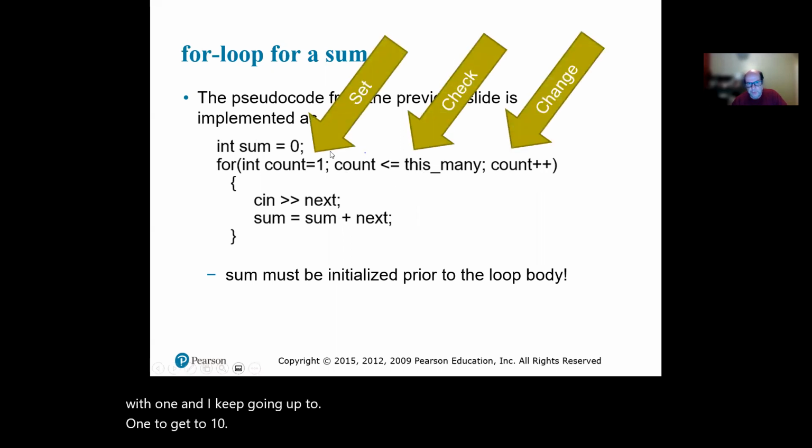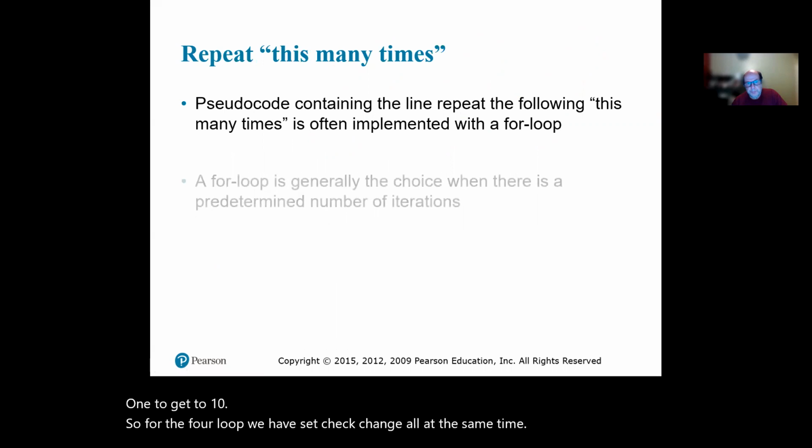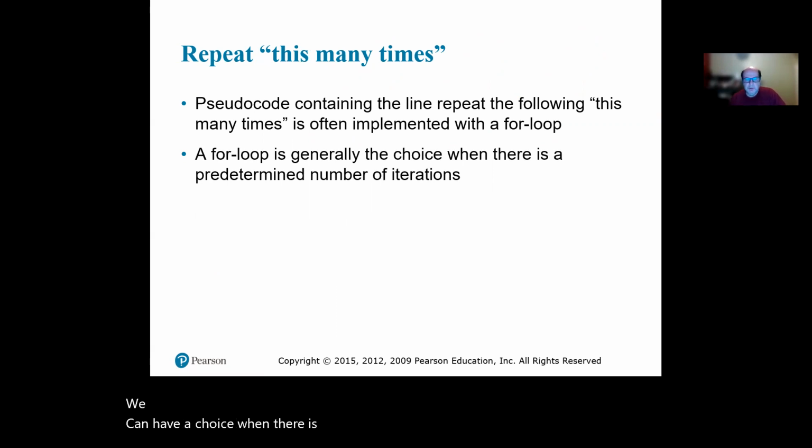So for the for loop, we have set, check, and change all at the same time. We have a choice when there is a predetermined number of iterations. So how many do we have?